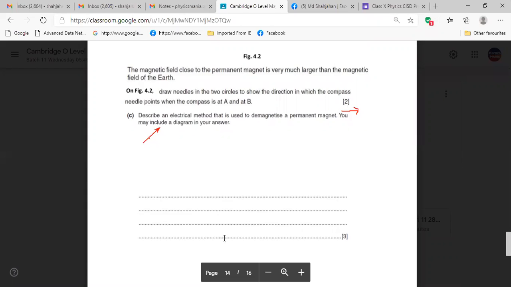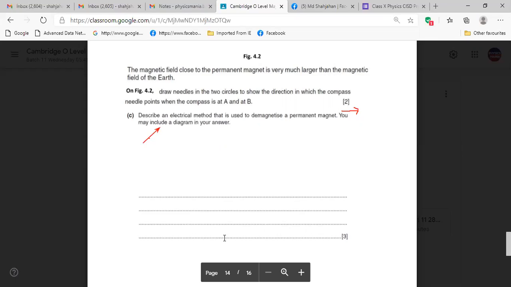I'll write that: place the permanent magnet in the AC current and then remove it. Like inside the solenoid, which is carrying AC current. This way, right? AC supply, alternating current supply. Actually, we are placing it into the solenoid and taking it slowly from the solenoid, isn't it?